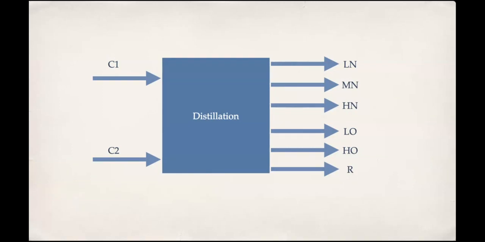Then if you look at the LN, light naphtha can go different ways, right? It can be directly blended into regular petrol and premium petrol, or you can send some of it to the reformer first.